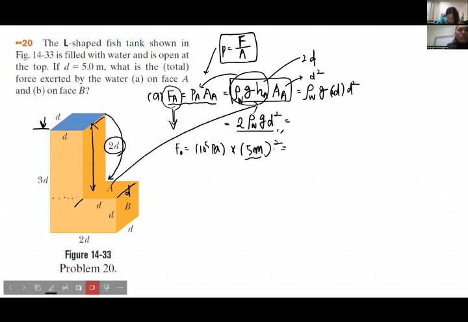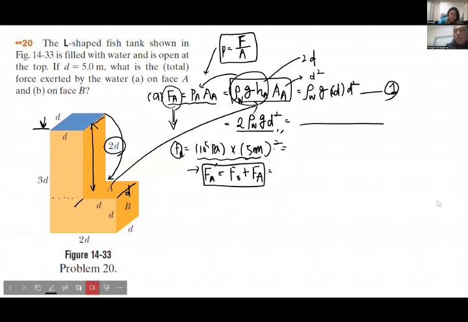So you can just find out how much the force from the atmospheric pressure is. And the total force from the atmospheric pressure and the relative pressure on area A should be F_A prime, that's the total pressure force from atmospheric pressure force plus relative pressure on the A. So that is from these two, one and two. Okay, number B, same way.